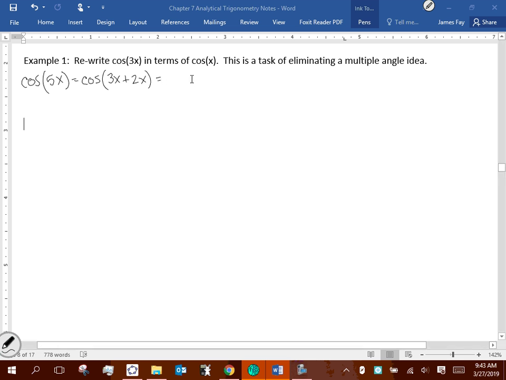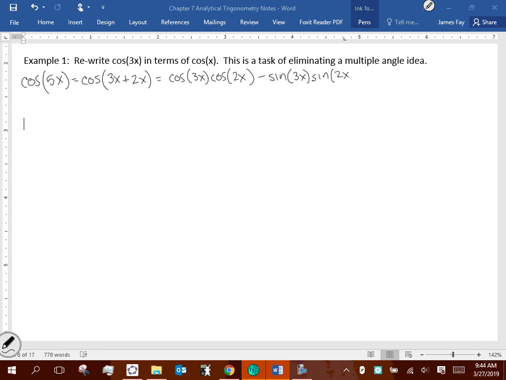And that's going to turn into cosine of 3x, cosine of 2x, and then minus sine of 3x, sine of 2x, okay.